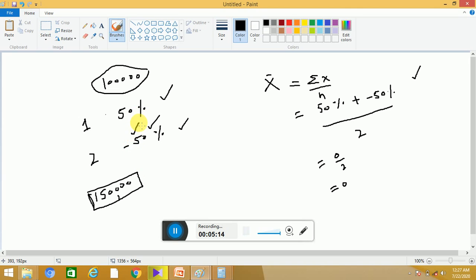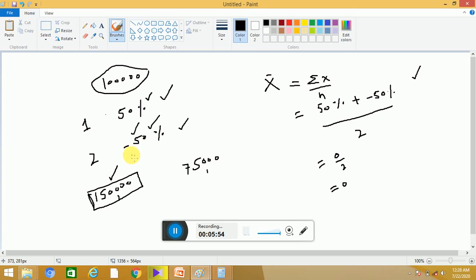So if there is a 50% loss on this 150, this amount will become 75,000. See, our amount was 100,000. There is a 50% profit. So 50% of 1 lakh means 50,000. So 1 lakh plus 50,000 becomes 150,000.